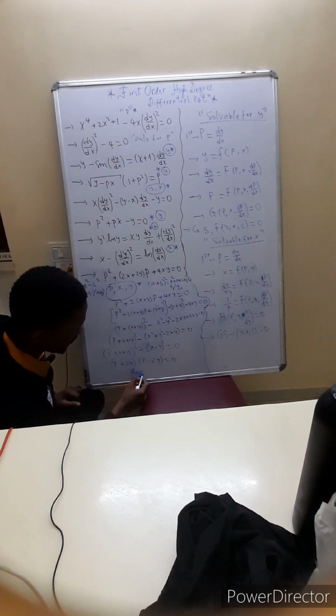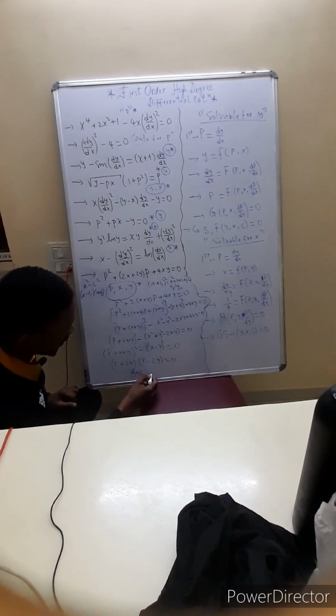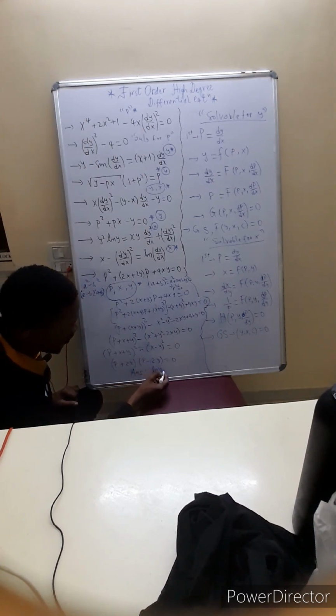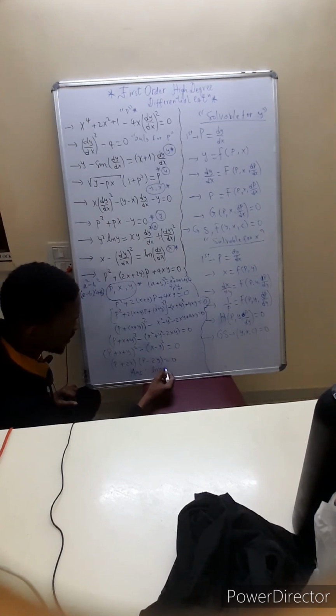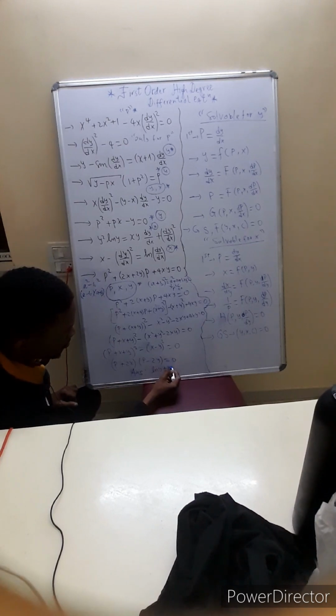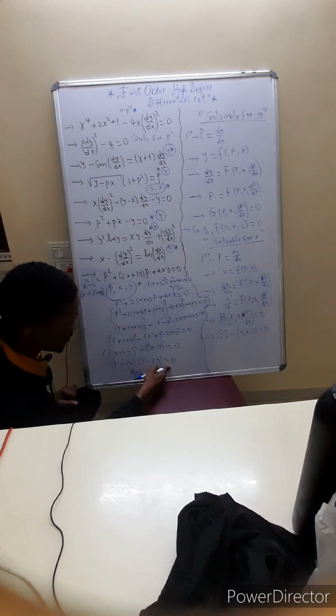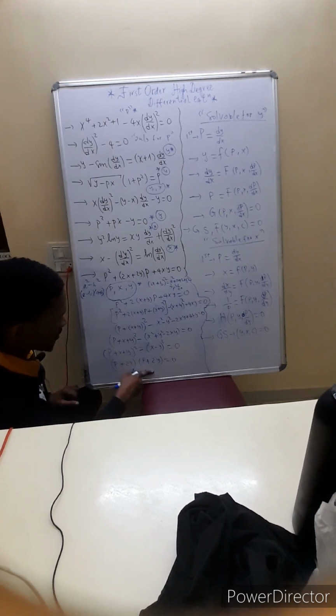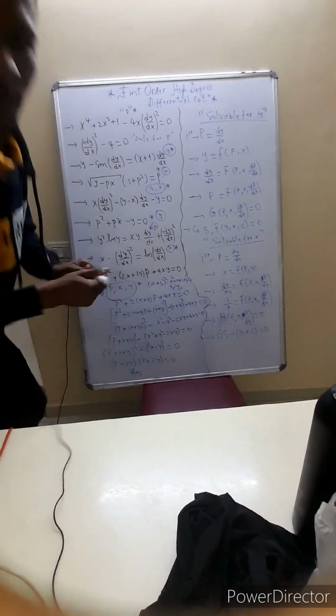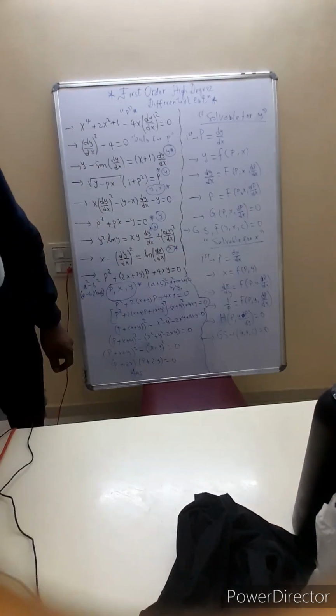The answer will be something like ln of y, plus 2, plus x squared, I guess. I'm not sure. It's also positive, this one. But the answer will be something like, let me check just here.